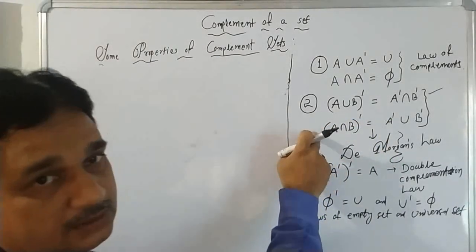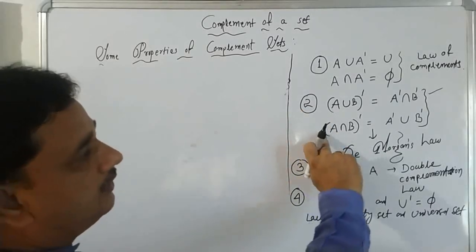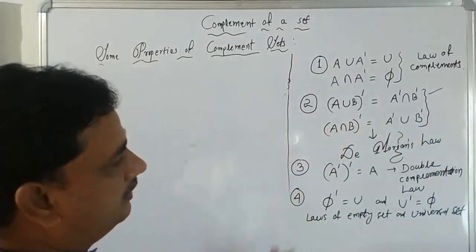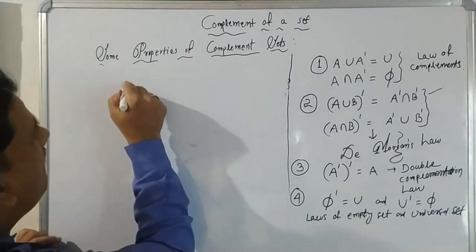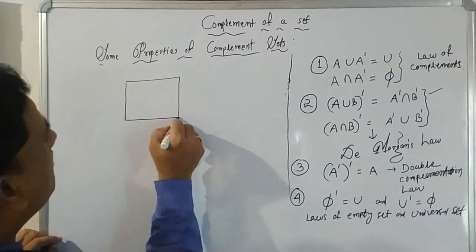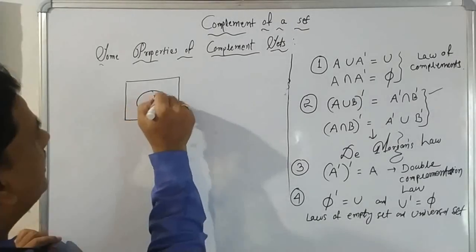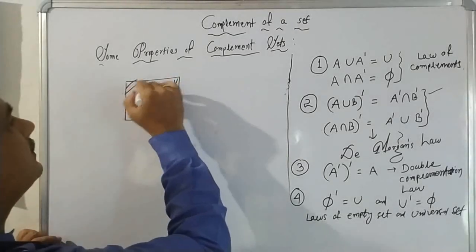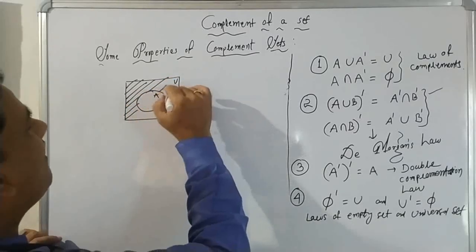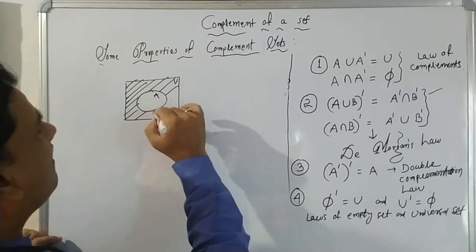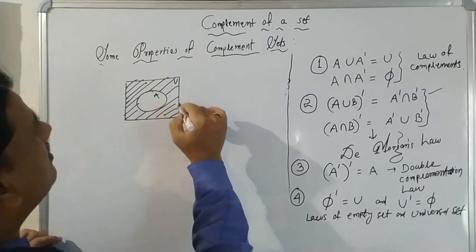Similarly, you have to show this one. After watching the video, you will prove this one. Next, A dash dash. So this is A union.